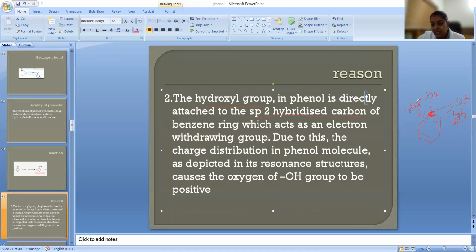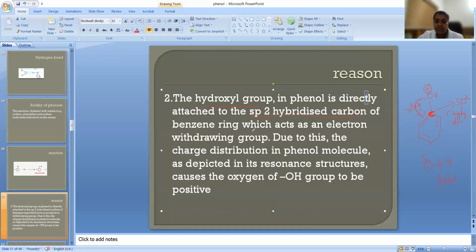So the electron present on the oxygen atom is dragged towards the ring, so that the oxygen will get a positive charge. Okay, and already we know that the OH bond is polar.